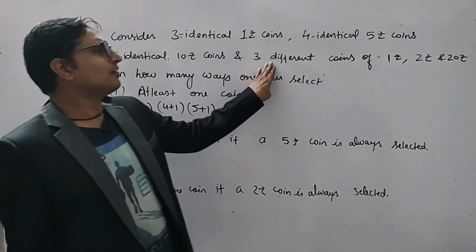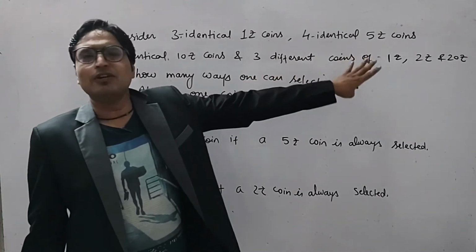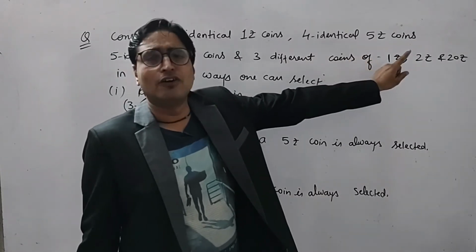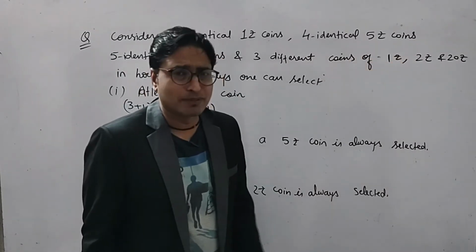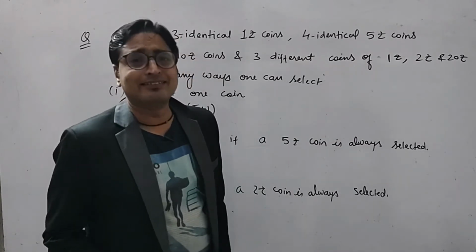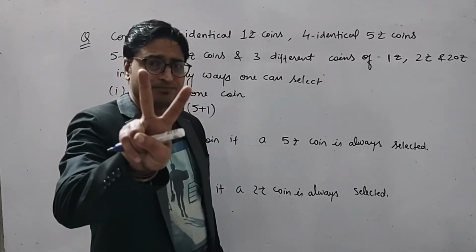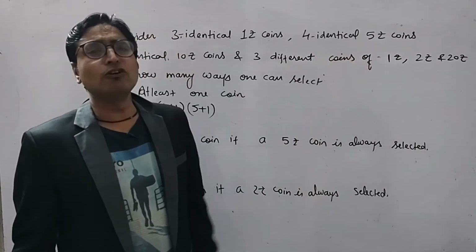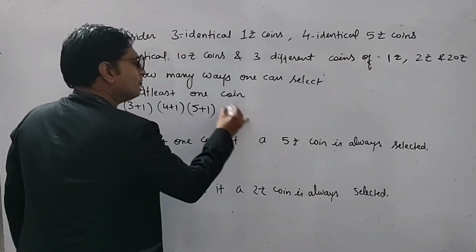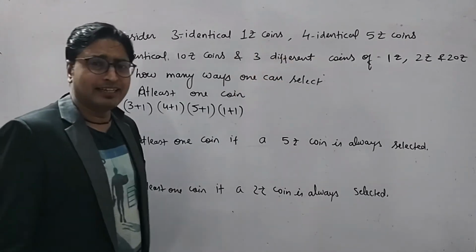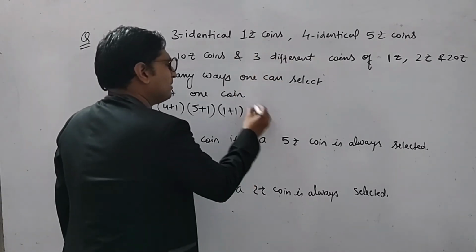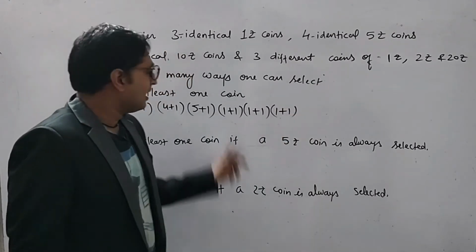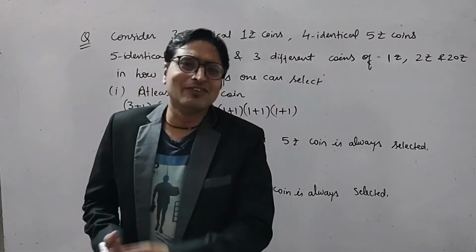And now 3 different coins: 1 rupee, 2 rupee and 20 rupee. 1 coin of 1 rupee, 1 coin of 2 rupee and 1 coin of 20 rupee. Again for each of these coins, we will have 2 conditions, one to select and one to reject. So for this 1 rupee coin, 1 plus 1; for this 2 rupee coin, 1 plus 1; and for the 20 rupee coin, 1 plus 1. One to select and the other to reject.